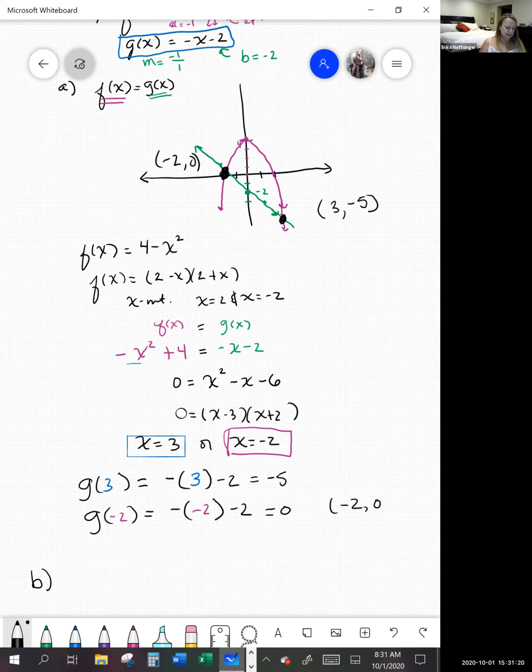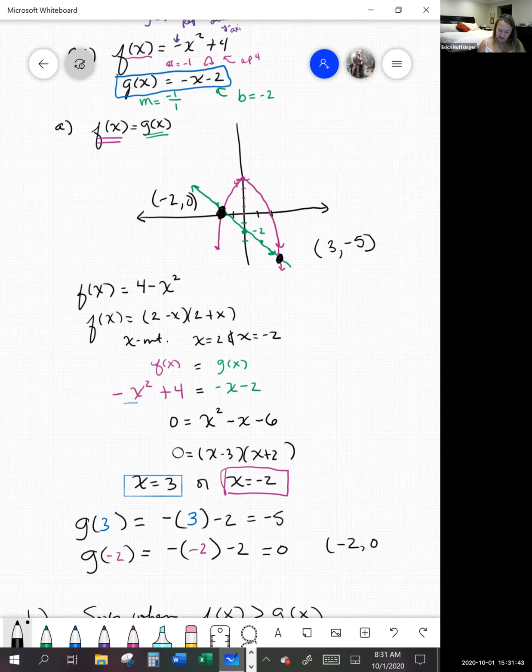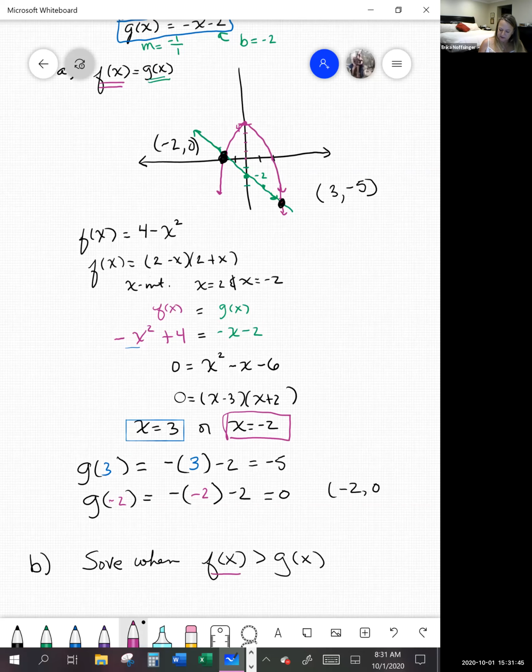It says, solve for when f of x is greater than g of x. So we're looking at, when are these y values bigger than these y values?